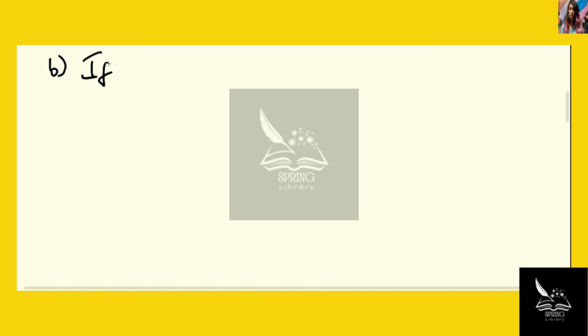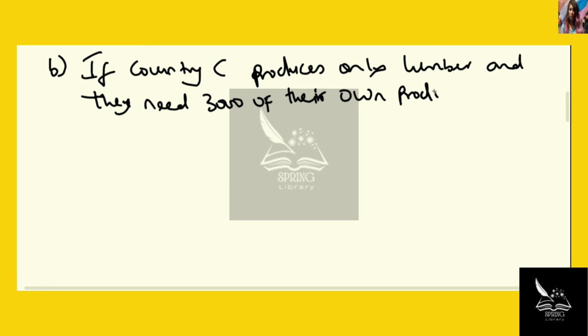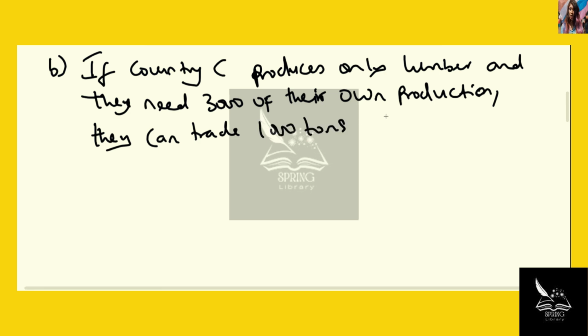So if country C produces only lumber and they need 3,000 of their own production, then they can trade 1,000 tons of lumber with country V, Venezuela.